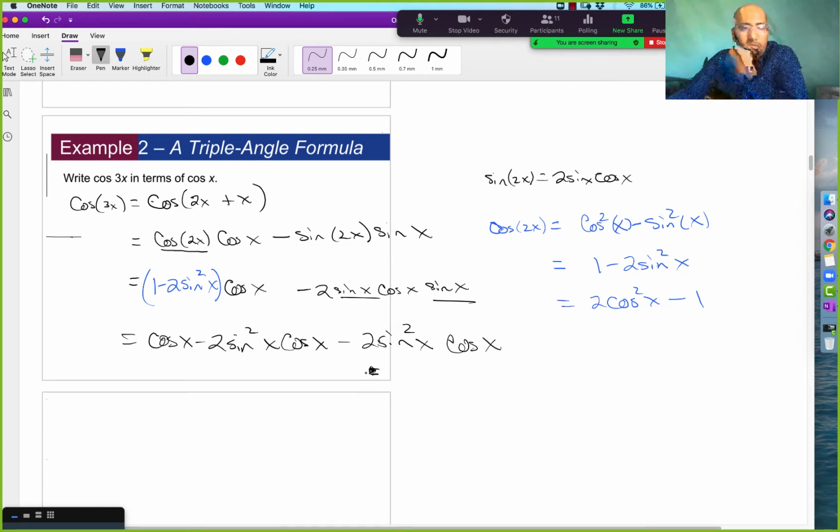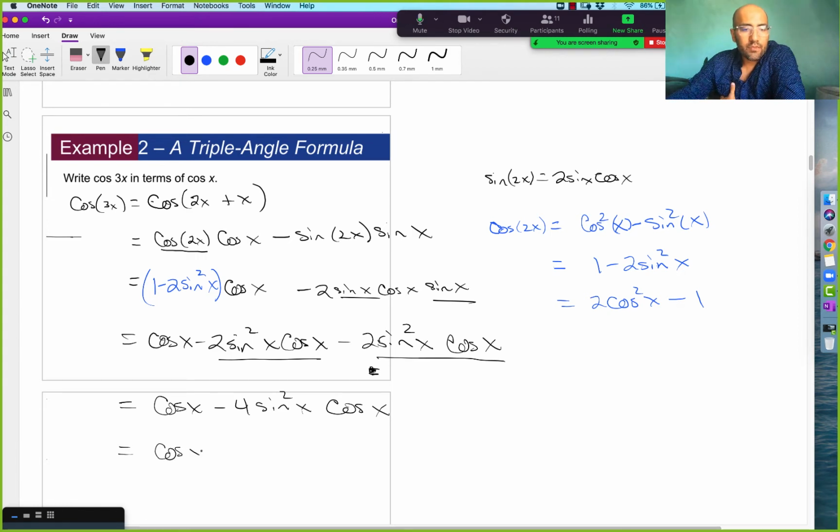Okay, and then this term and this term are identical: sine squared x cosine, sine squared x cosine. So this turns into cosine x minus 4 sine squared x cosine x. We can factor out a cosine from both of these and write it as cosine x times 1 minus 4 sine squared x.